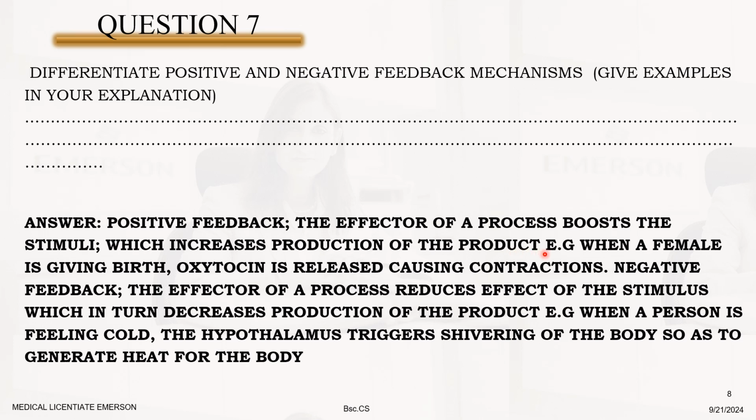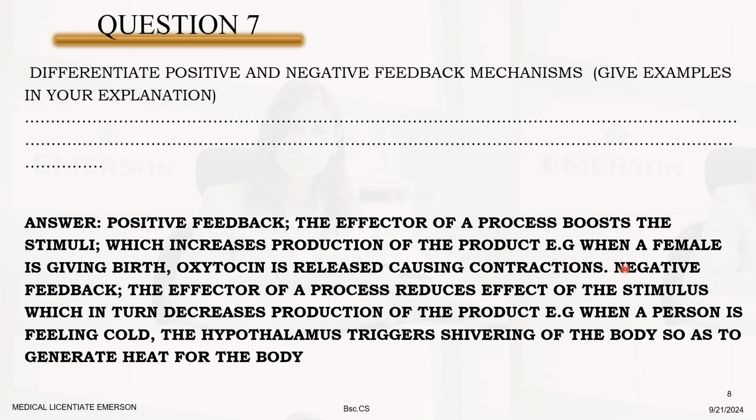For instance, when a female is giving birth, oxytocin is released, causing contractions, which further increases the production of the product. The same will continue to occur, so the effect organs still boost the stimulus. That is positive feedback.